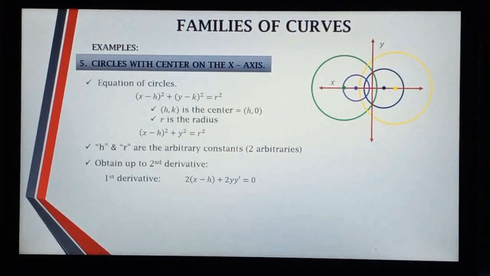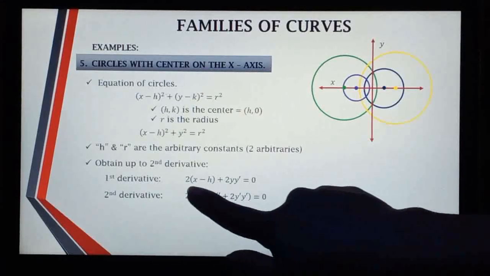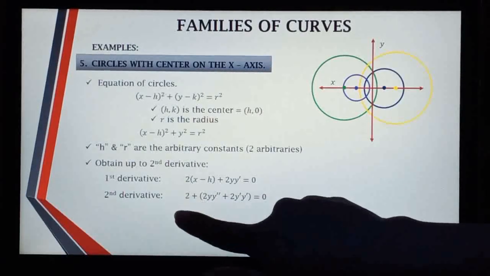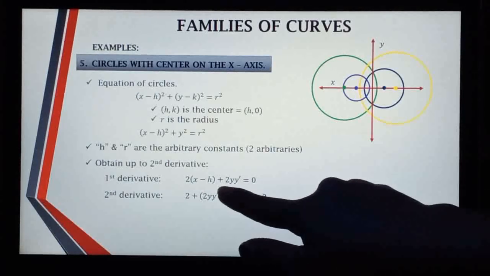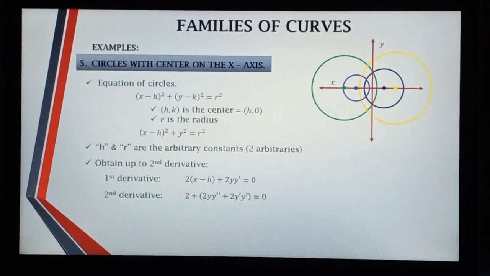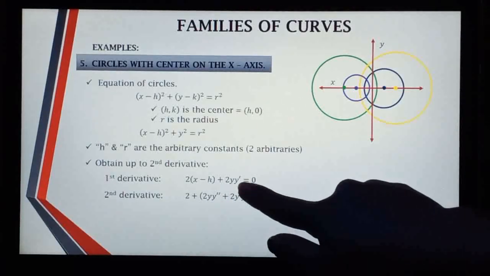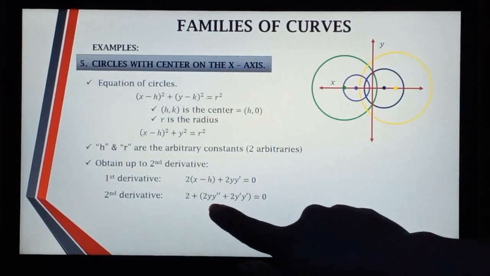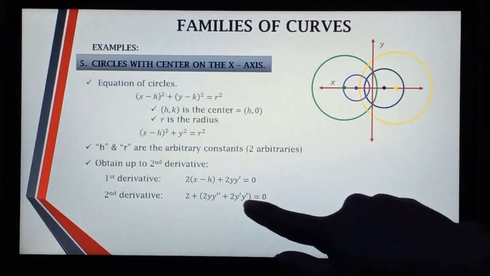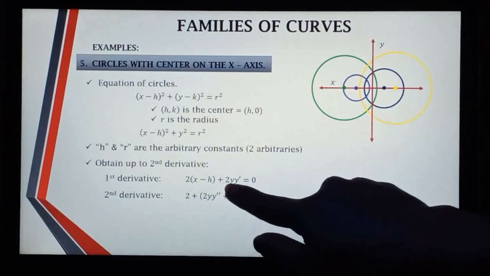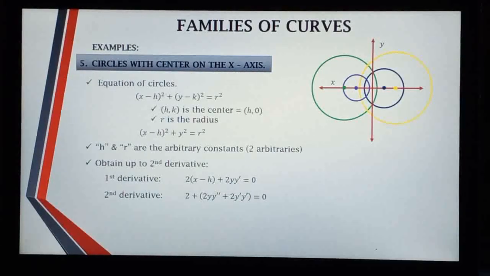Now we have to get the last derivative, which is the second derivative, and that is this term, ang derivative na lang niya is 2, tas this one is said to be product. So copy 2y. Then the derivative of your y prime is y double prime. Then copy y prime. Then the derivative of your 2y is 2y prime, and that is equivalent to 0.